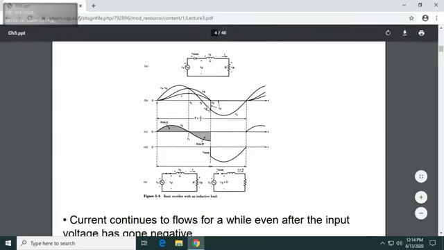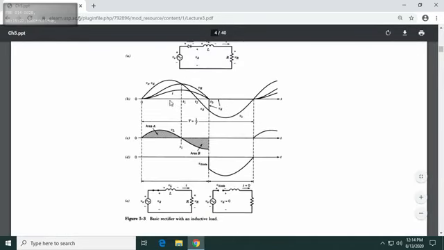If you look at this graph really closely, all the energy required by the resistance is supplied by the source here. Yes, everything, all the energy required is supplied by the source till this part. The energy required by the inductor is this.